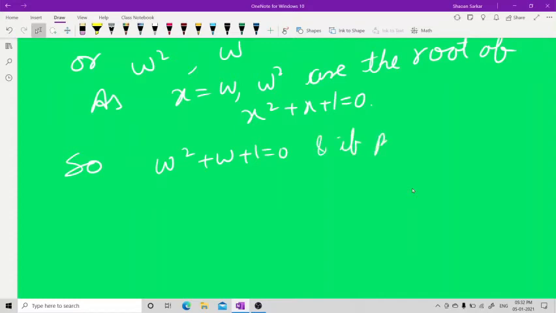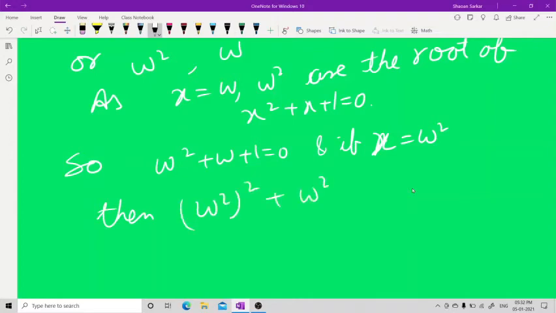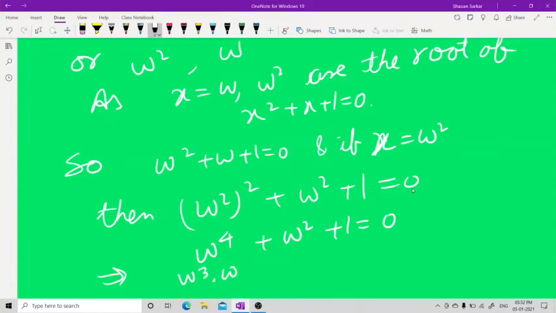Or if you put x equal to omega square, then omega square whole square plus omega square plus 1 equal to 0. That is omega 4 plus omega square plus 1 is equal to 0. That is omega cube into omega, that is omega 4 plus omega square plus 1 is 0.